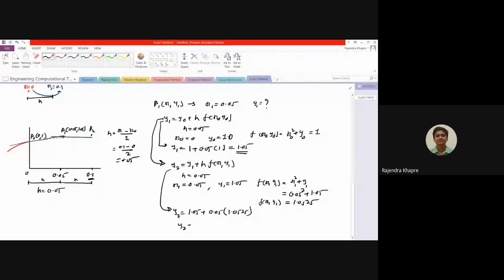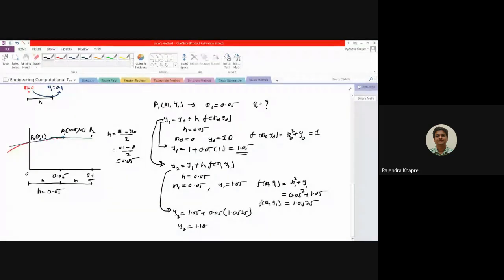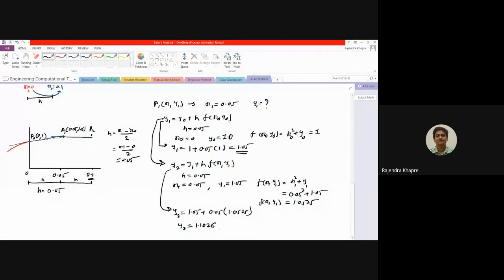So what is the value of y2? 1.1026. Someone please cross check this answer. Is it correct? Yes, sir. Correct. Fine.